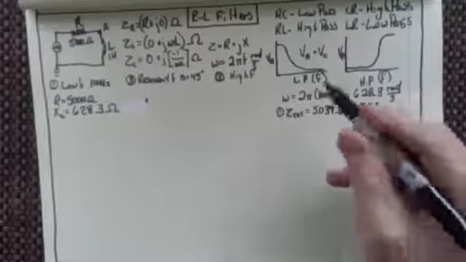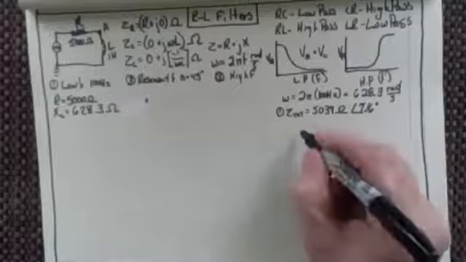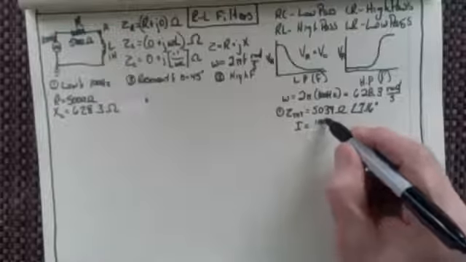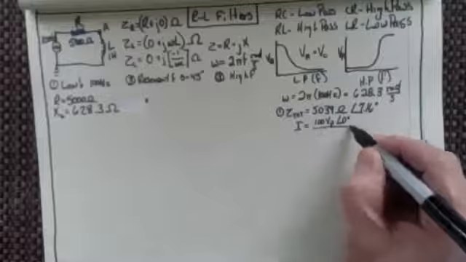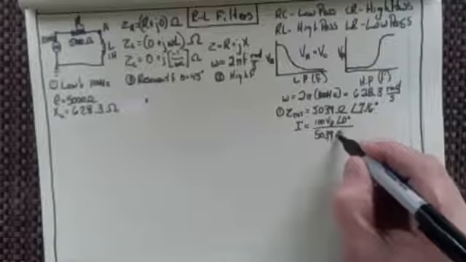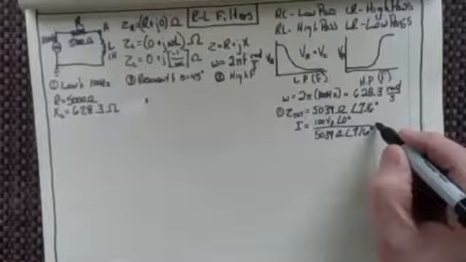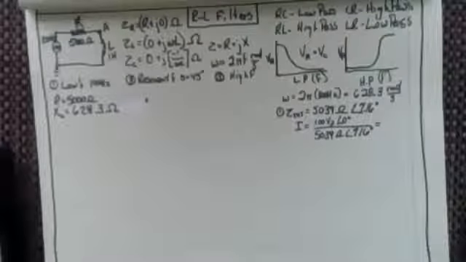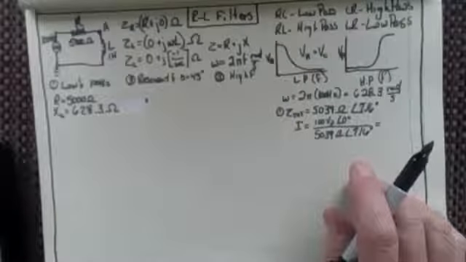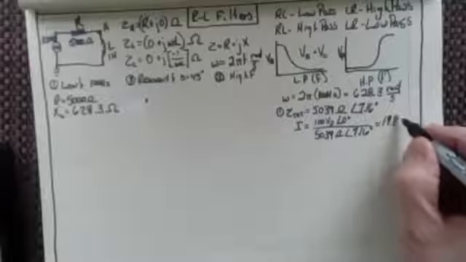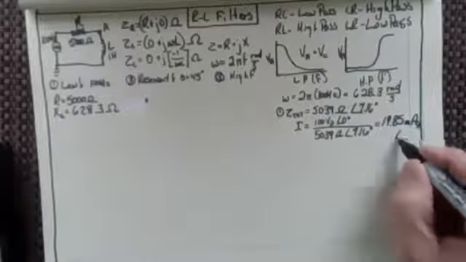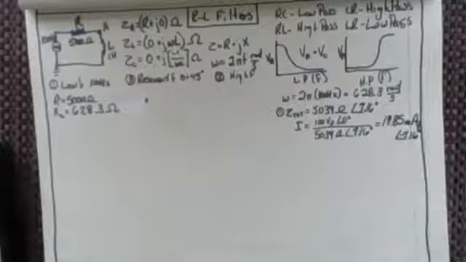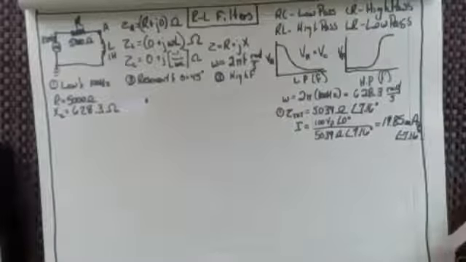Now let's go through that for a second. The total impedance is about 5,000 ohms. The current I is going to be our 100 volts peak at an angle of 0 degrees divided by 5,039 ohms at an angle of 7.16 degrees. 100 divided by 5,039 gives me 19.85 milliamps peak at an angle of minus 7.16 degrees.